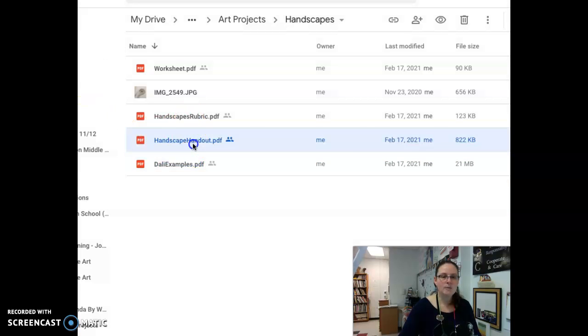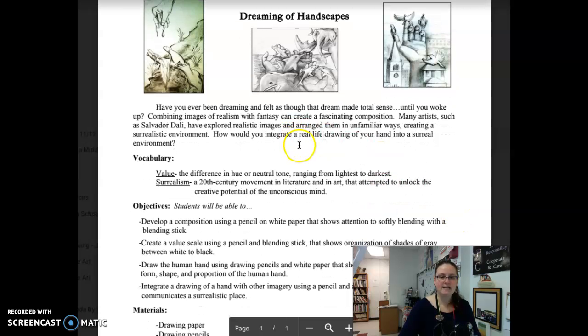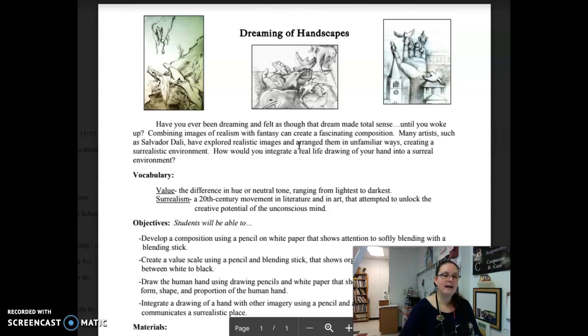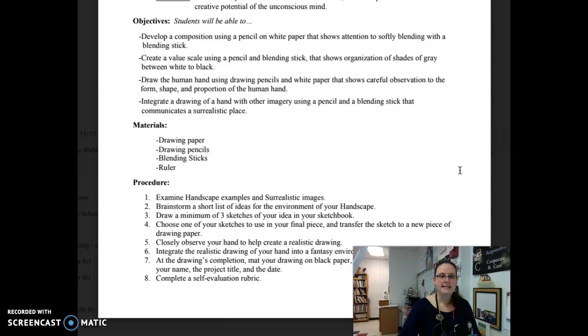So with our piece, what you're going to do is integrate a real-life drawing of your hand into a surrealistic environment. So here are a couple example pieces that were done by students. The first part is to practice, of course, drawing your hand, working with value, which we've done a little bit so far.